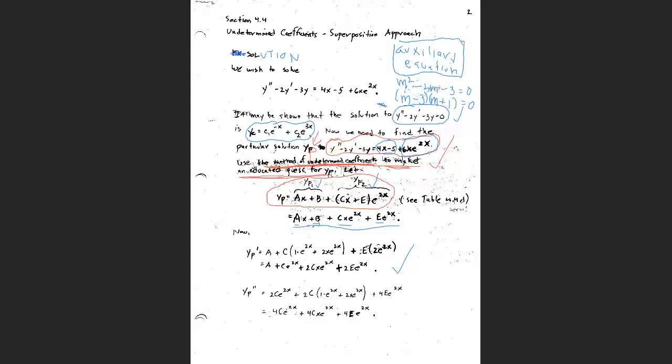Okay, so I'm going to have to take two derivatives of the particular solution. And I have to use my derivative rules very carefully because the product rule is involved and the chain rule is involved. But A, B, C, and E are constants.